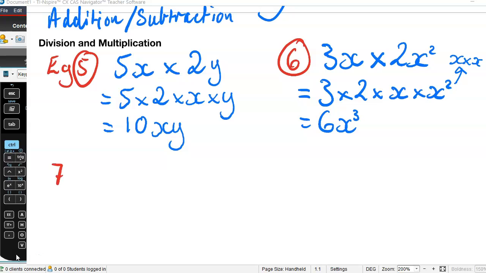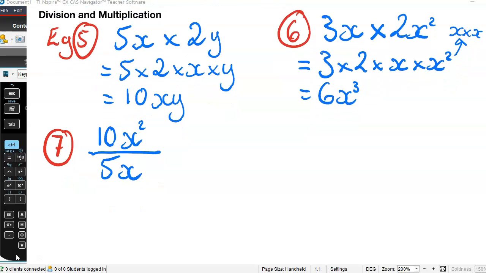Let's do another one. Let's do a division. So I'll have 10x squared divided by 5x. Okay, let's think about this. I've got here 10 times x squared divided by 5 times x.